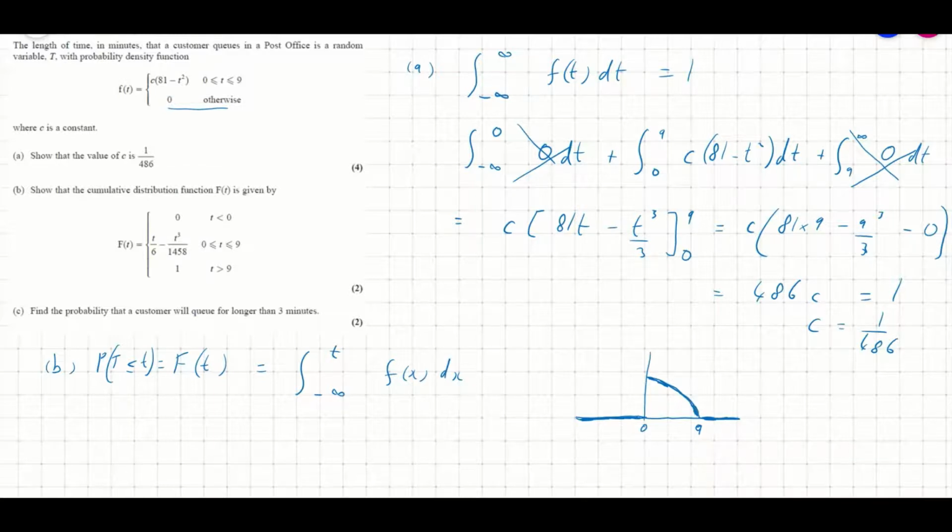So this is our PDF graph. Now, clearly, in this area, because the probability is 0, there's no probability accumulation. And similarly, because the PDF is 0 here, there's no probability accumulation here.